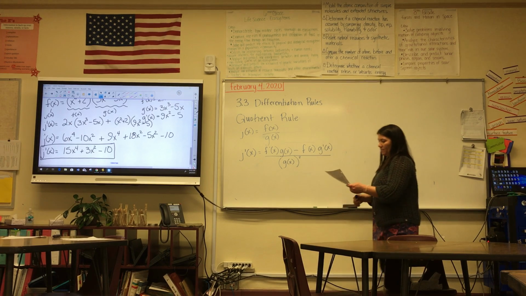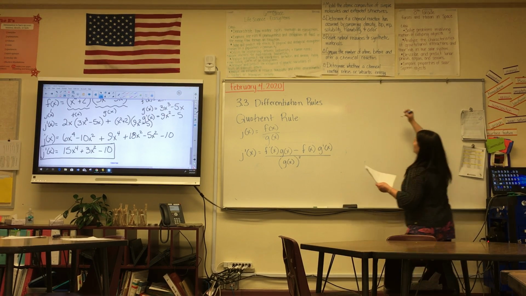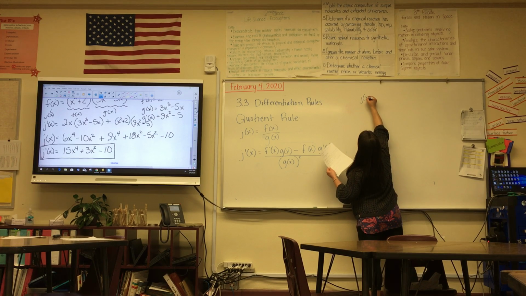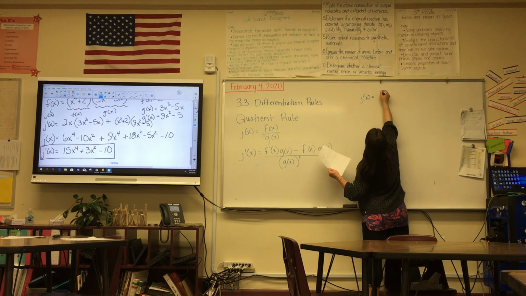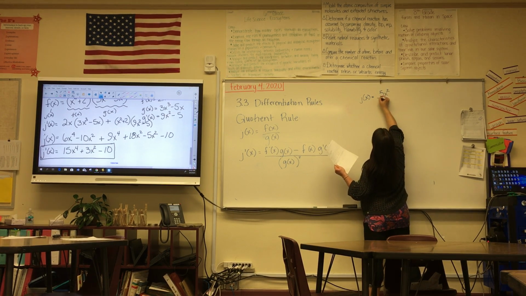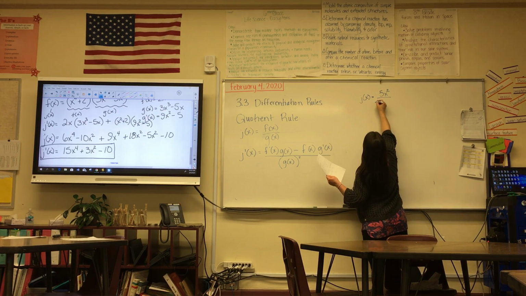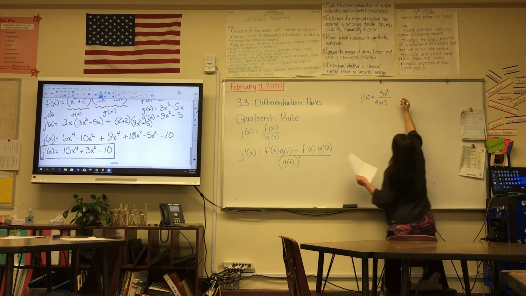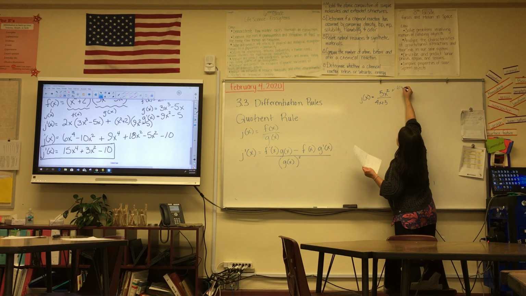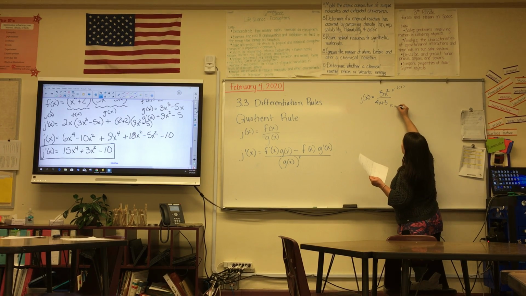So let's look at an example. If we have j of x equals 5x squared divided by 4x plus 3. So this is my f of x. This is my g of x.